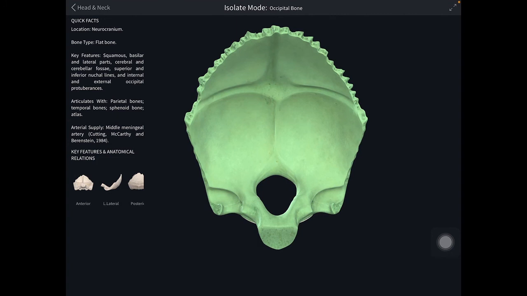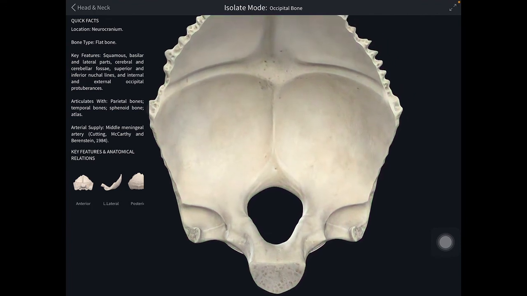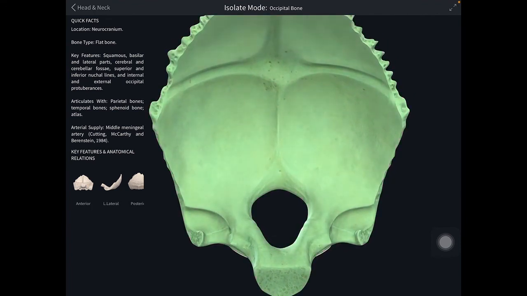A basilar part projecting forward, in front of the foramen magnum, and a pair of condylar parts lateral to the foramen. So now you can understand the four parts. Squamous part is above and behind the foramen magnum. In front is the basilar part, on each side of foramen magnum is the condylar part.